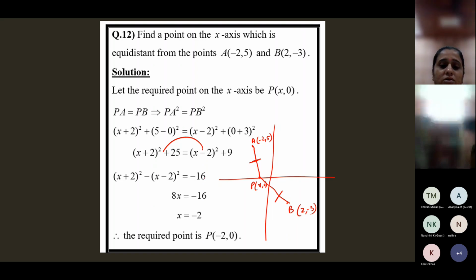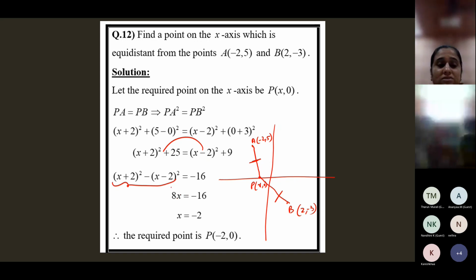Children, I just want to talk about this one. Please listen to me. I've transposed this, and then suddenly you can see the 8x here. I've used the identity: a plus b the whole square minus a minus b the whole square is equal to 4ab. In the next step, I've directly written 8x.